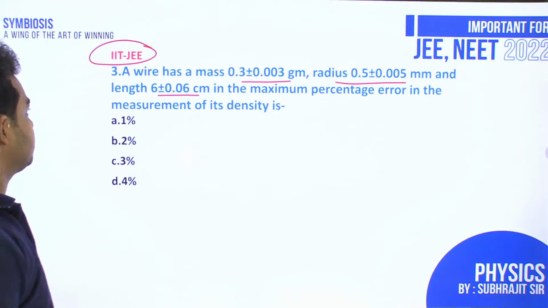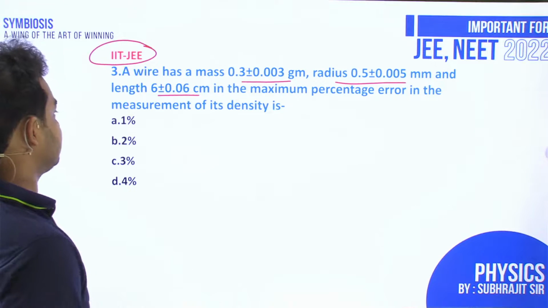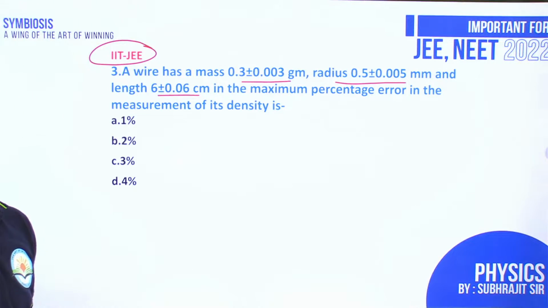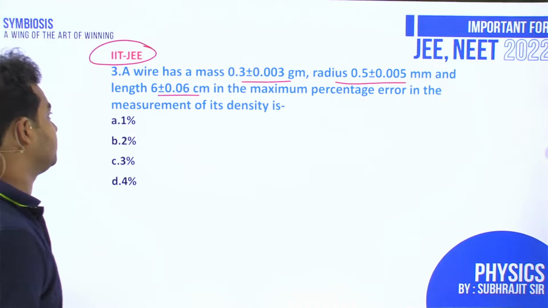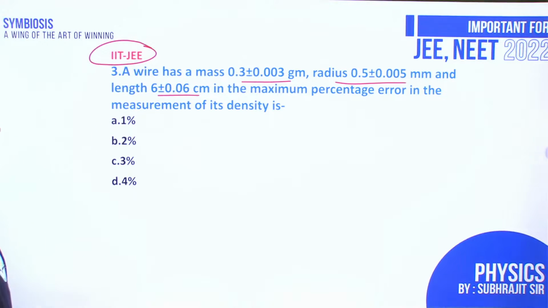Here question number 3 is important for IIT JEE. Here we want to find the maximum percentage error in the measurement of its density. Here 3 things are given. Everyone do this.